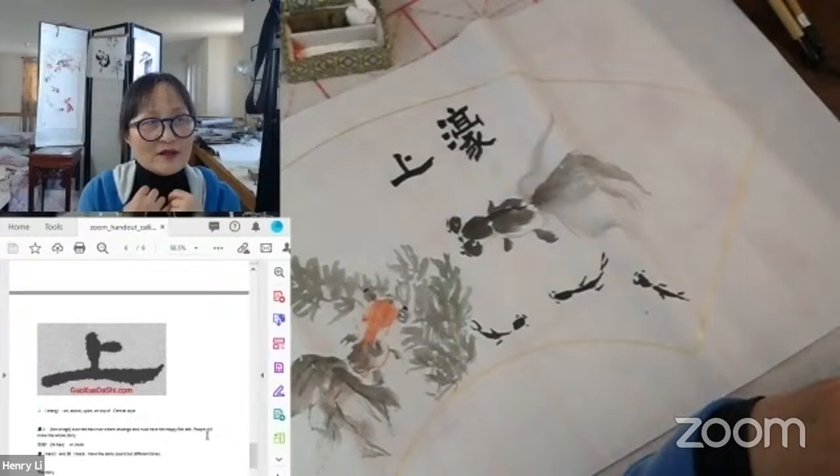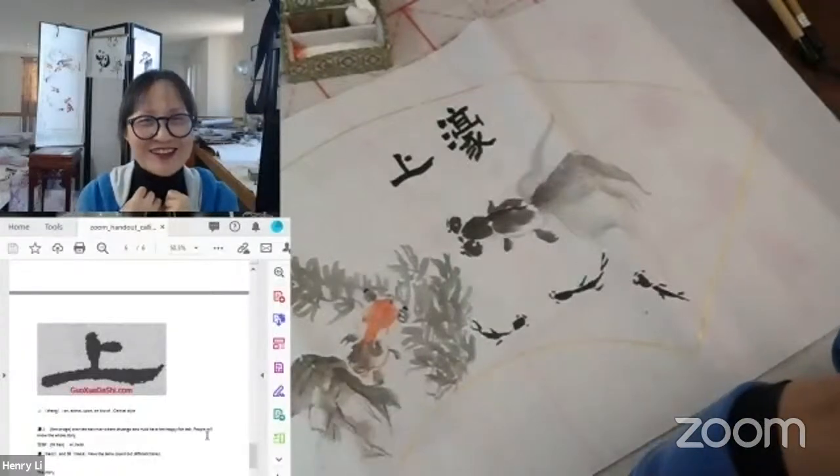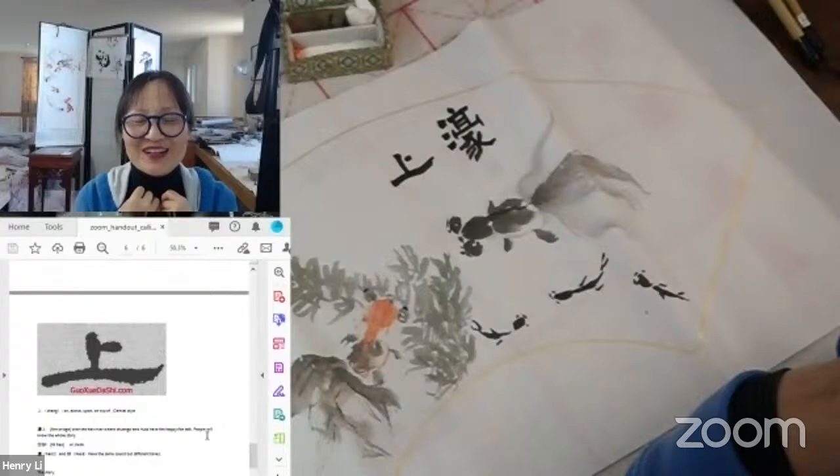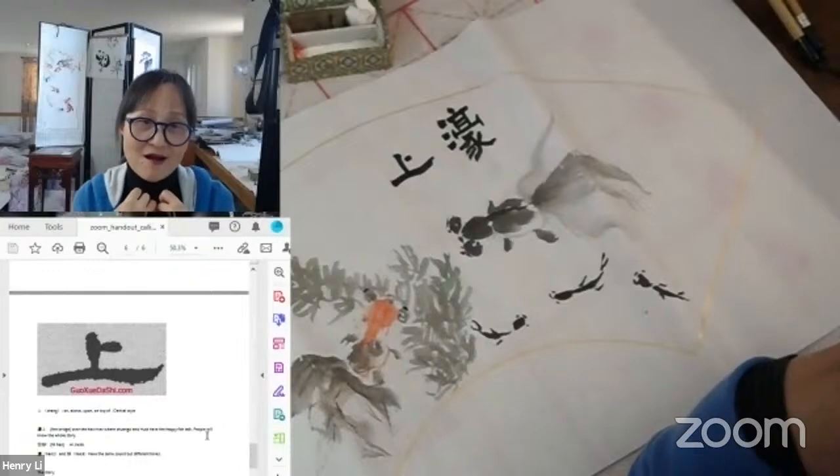Let's look at what Zhuangzi exactly said. He didn't answer the question of how he knows the fish is happy. Eventually he decided to answer not how, but where.